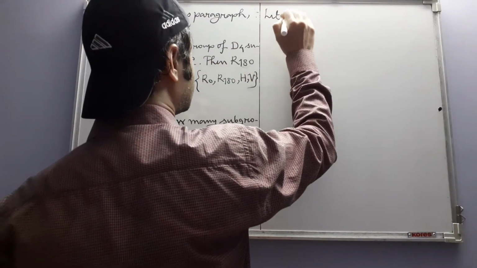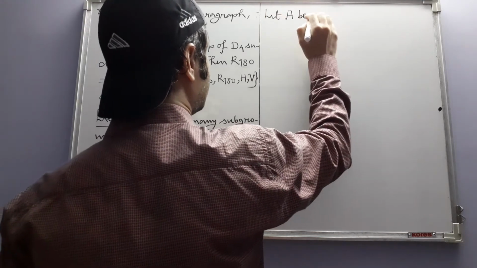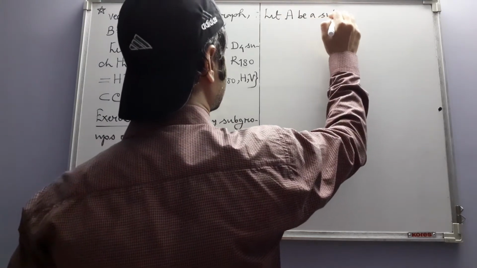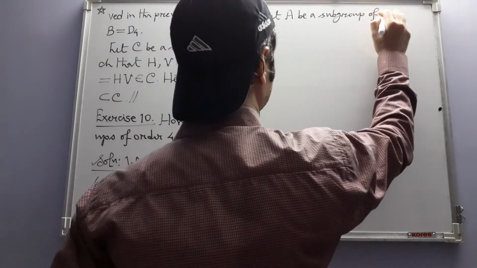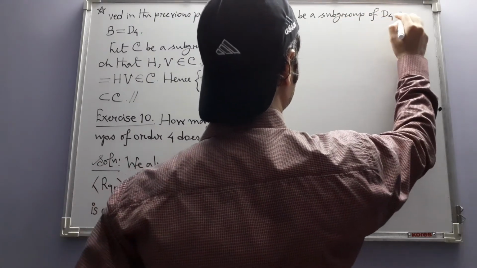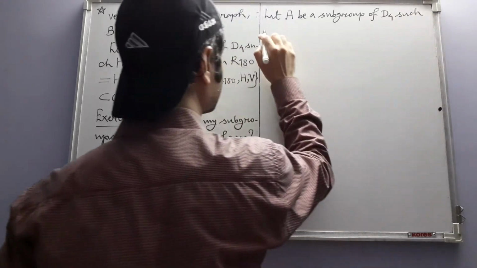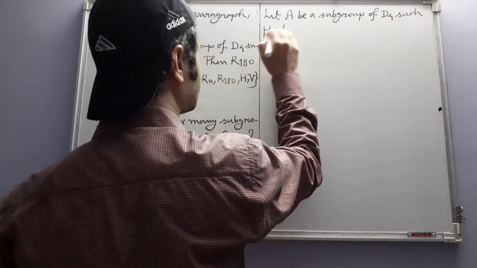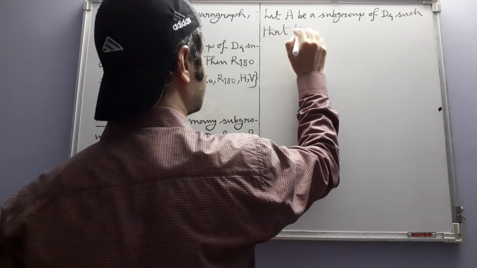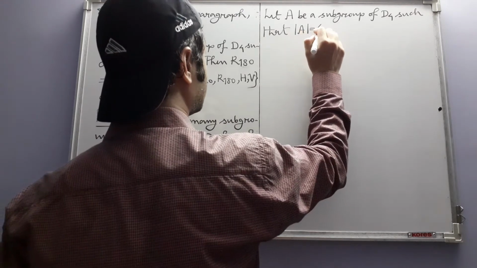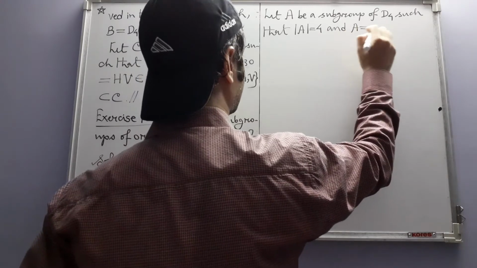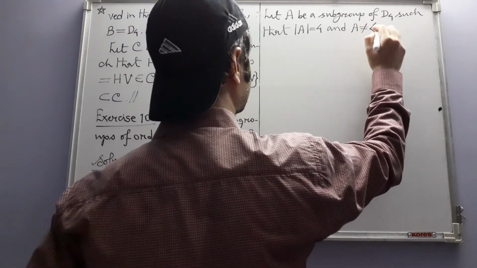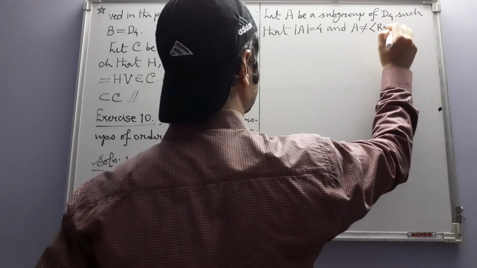Let A be a subgroup of D4 such that the order of A is 4 and A is different from this cyclic subgroup.